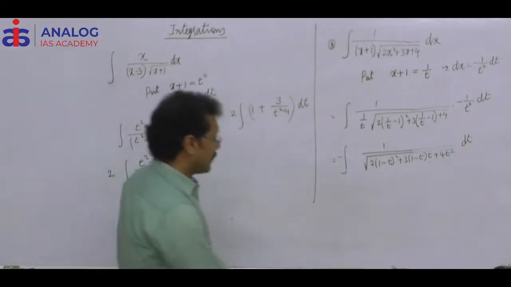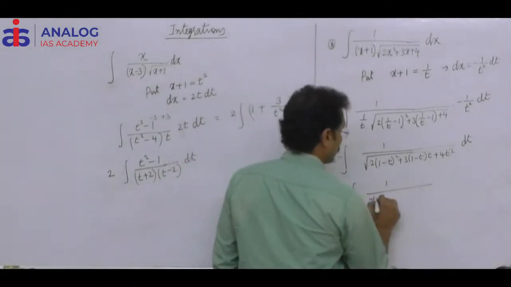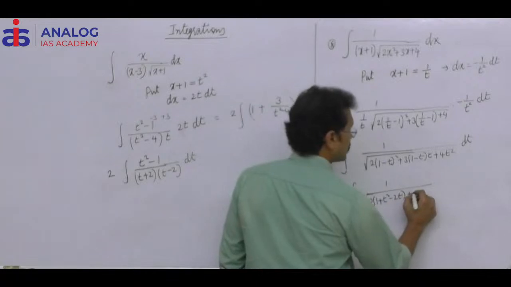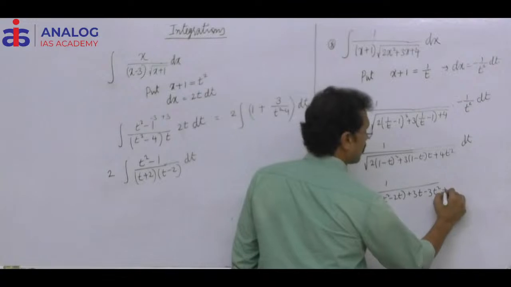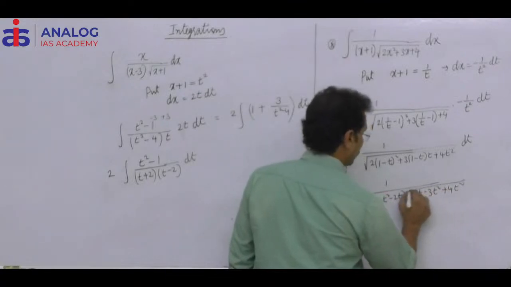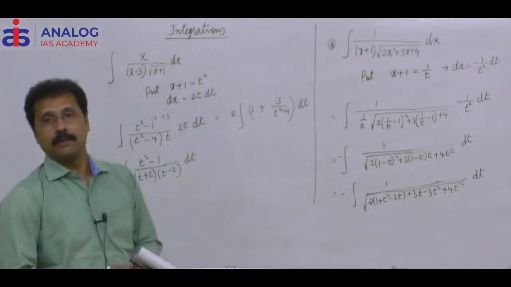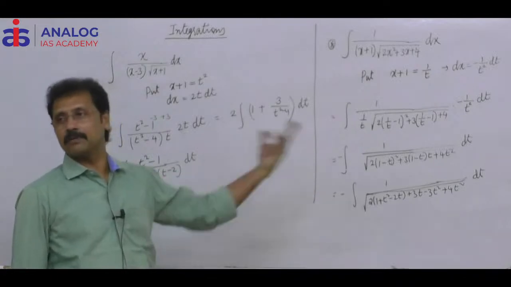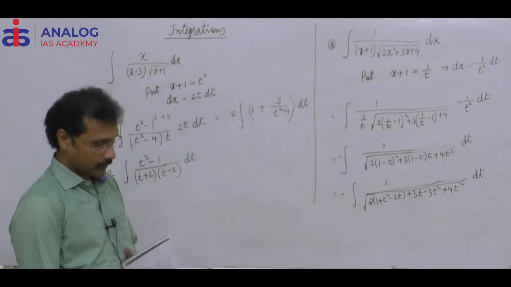Okay, and then you need to simplify it further. Minus integral 1 by square root of 2 into (1 plus t square minus 2t) plus the 3t minus 3t square plus 4t square, whatever, dt. And then whatever you get in the square root, based on that you have to solve it. Okay? Anyway.